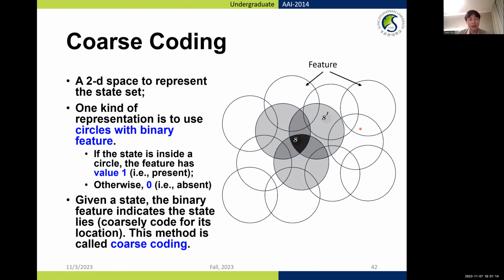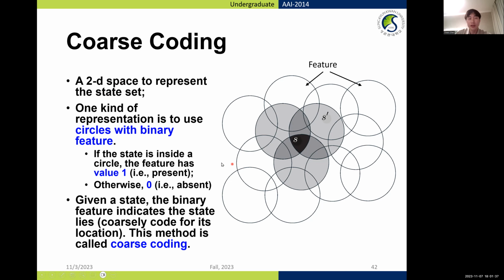Coarse coding. For a particular problem, for example, you are dealing with many images, and you want to represent different states in an image. We can consider it a 2D space.